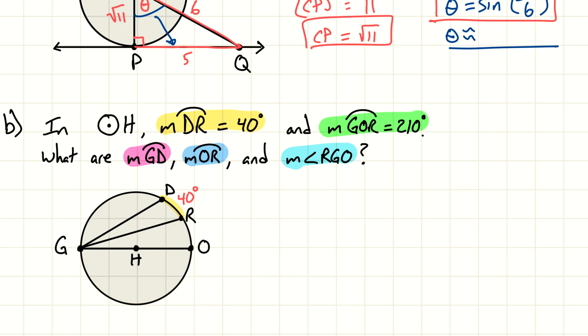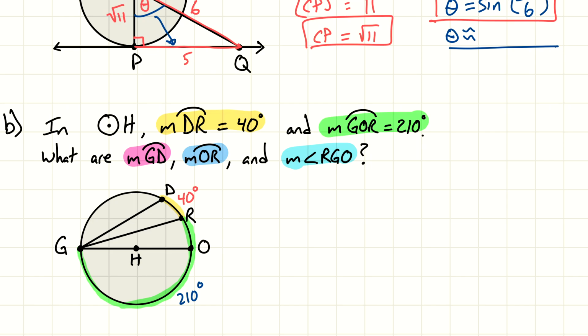Don't make the mistake of going from G, GO is not part of an arc, GO would be your diameter. Or if I go this way, GO, there is no R to go to anymore, we've passed it. So make sure you're going in the right direction. So for GOR, I'm going to highlight this, and this one's going to be 210.